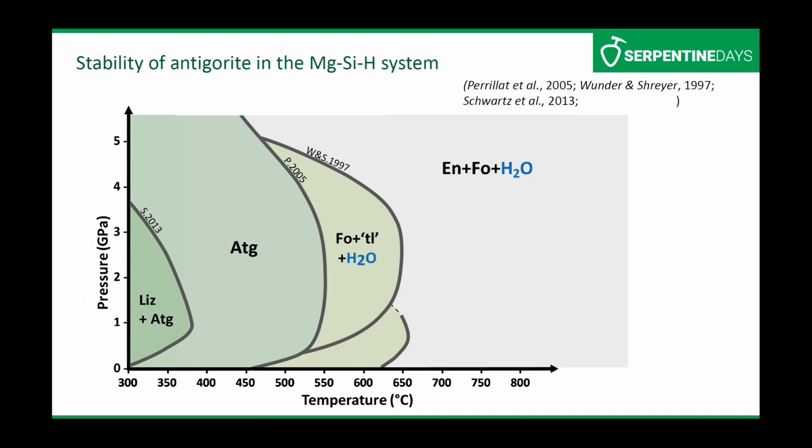This is considering the antigorite with M equal 17. In a pressure temperature diagram, we can represent the stability limit of serpentine minerals.